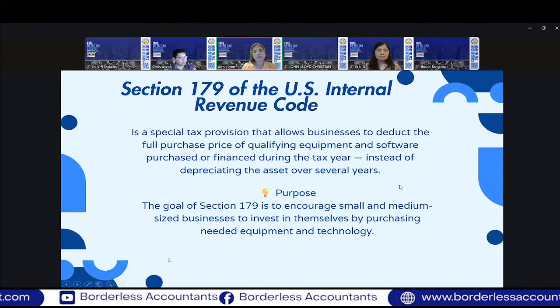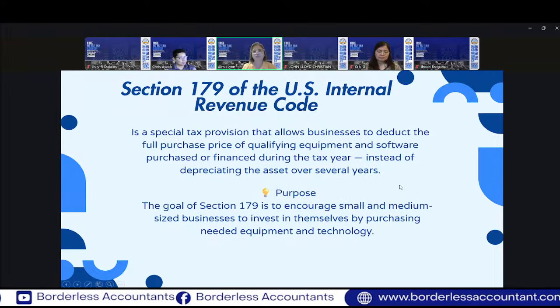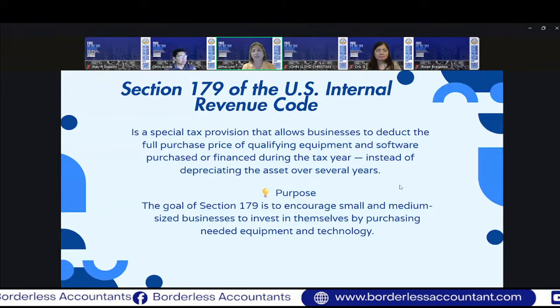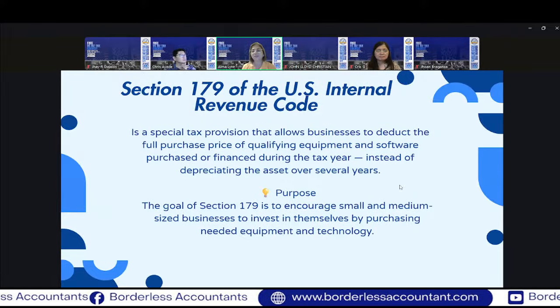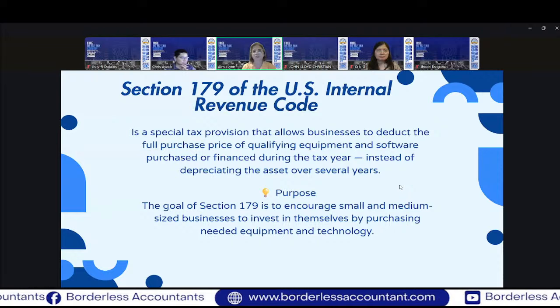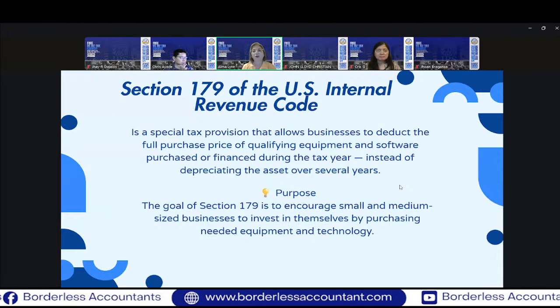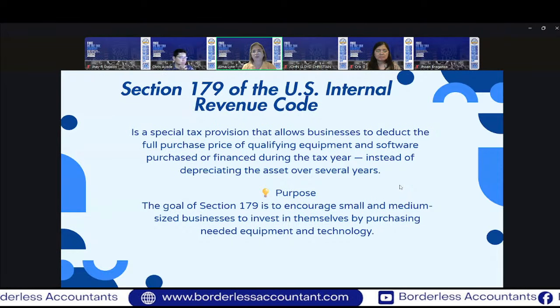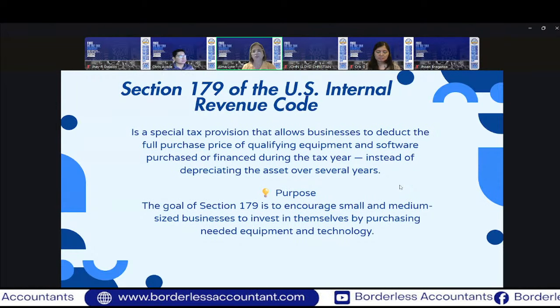Section 179 covers a special tax provision that allows businesses to deduct the full purchase price of qualifying equipment and software purchased or financed during the tax year.